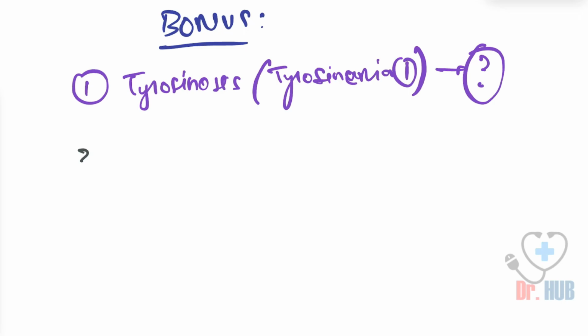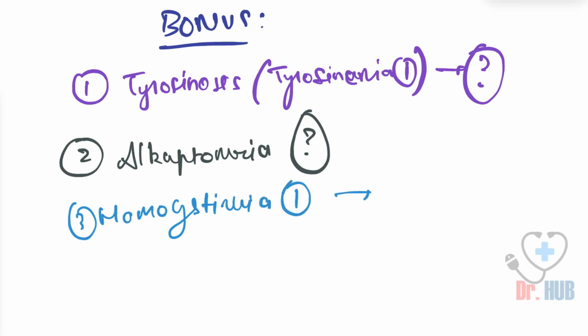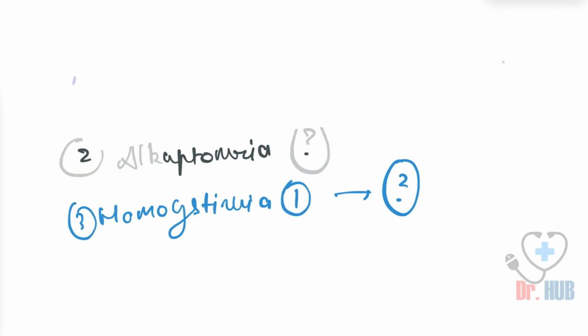Second question is, in case of alkaptonuria, what is the enzyme that is defective? Lastly, in case of homocystinuria type 1, what is the enzyme that is defective here? So you can answer these questions in the comments.